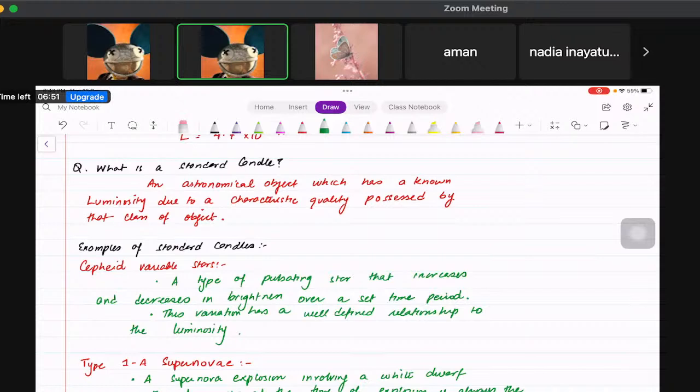So we are setting certain standards: this is the indicator, and from this indicator we build a reference to other stars that give light. Do you guys understand what I'm saying? Please write this down. Let me know if you have any questions.